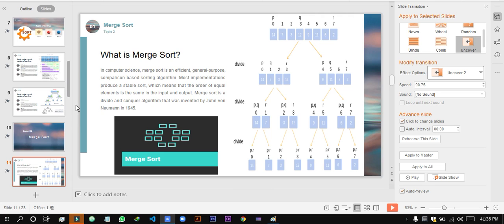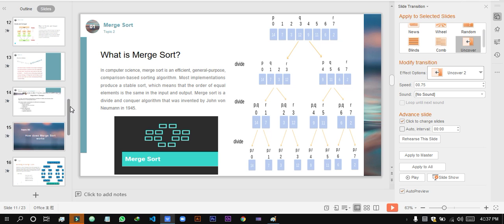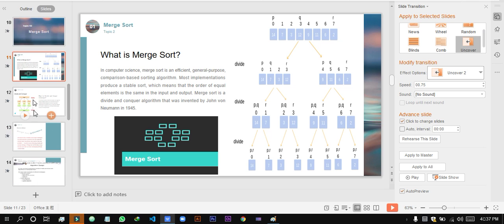Actually, merge sort is a very easy and general purpose comparison algorithm method which was invented in 1945 by John von Neumann. It is based on the divide and conquer strategy, in which we divide our array into sub arrays and divide the problem into smaller problems to get our result quickly.